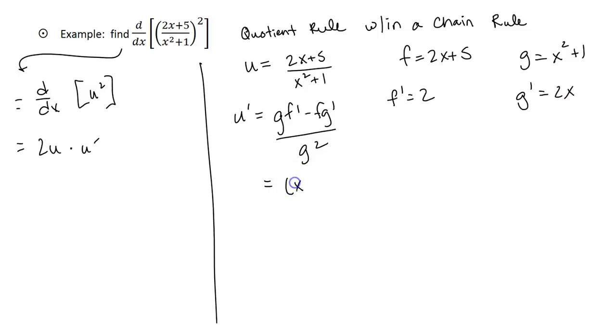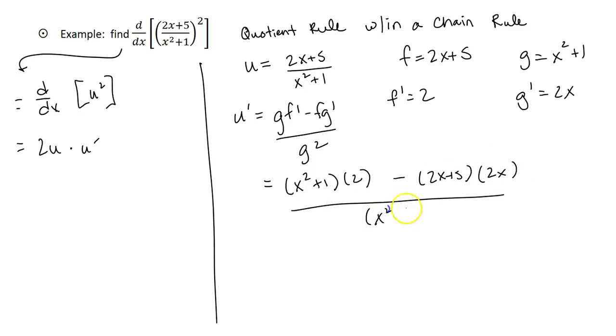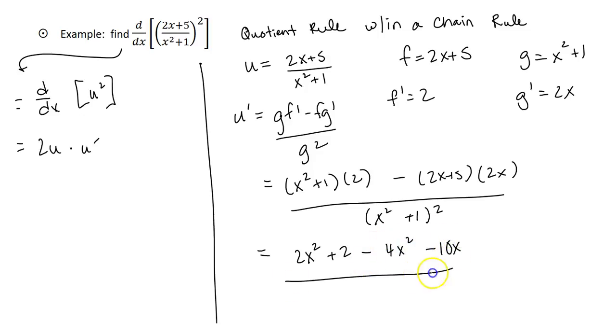So this is going to be x squared plus 1 times 2 minus 2x plus 5 times 2x, all divided by x squared plus 1 squared. So that's 2x squared plus 2 minus 4x squared minus 10x, all divided by x squared plus 1 squared, which is negative 2x squared minus 10x plus 2, all over x squared plus 1 squared.